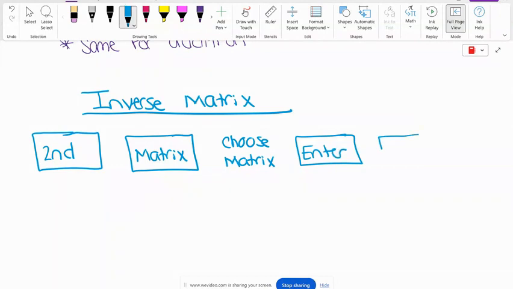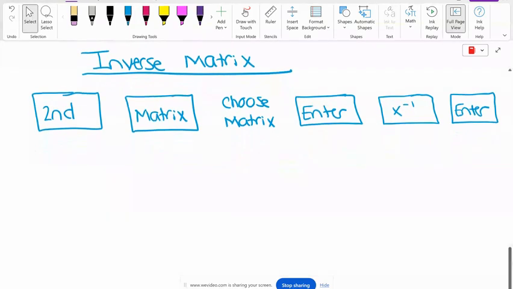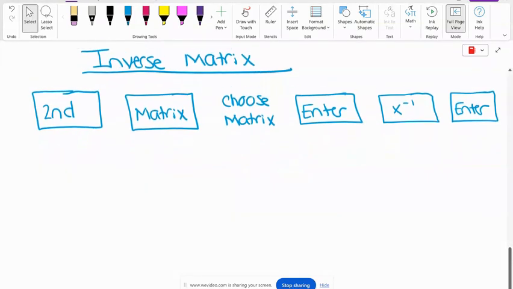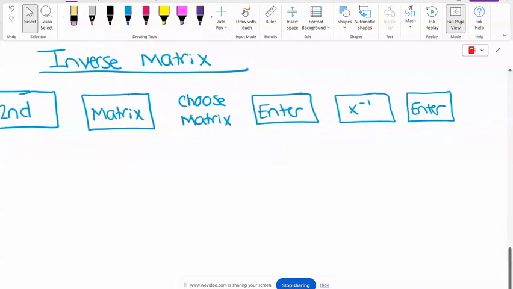Enter. And then you're going to press the X to the negative first power button and enter. And I'm not going to show you this specifically. I'll just use it in the next problem we do.